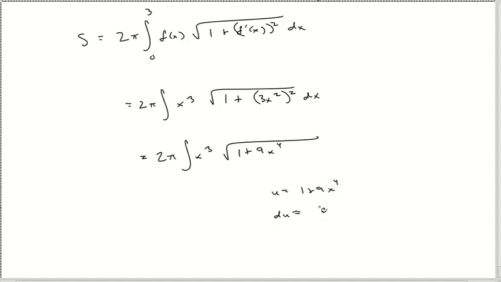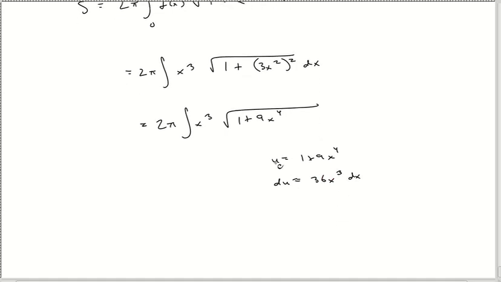And so then we got the 4 and the 9 makes a 36, sorry. Trying to remember all my multiplication tables. Dx. And so you can see that x cubed is going to go away here in a second. Du over 36 x cubed.